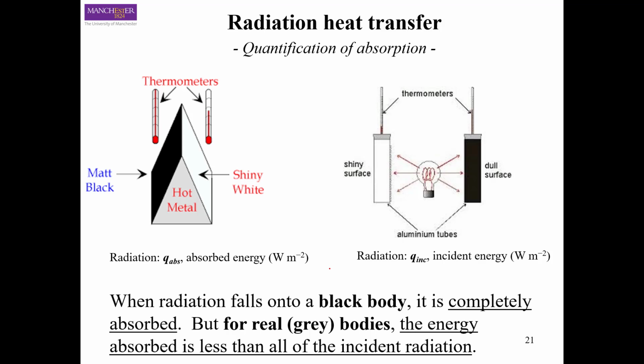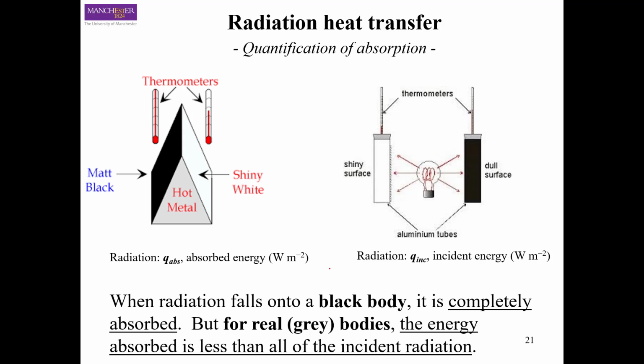But the extent to which this other object can absorb the incident radiation depends on the nature of the object, for example, if it is a black body or a gray body. A black body is going to absorb all the incident radiation, while the gray body is going to absorb only a fraction or a certain proportion of that incident radiation.